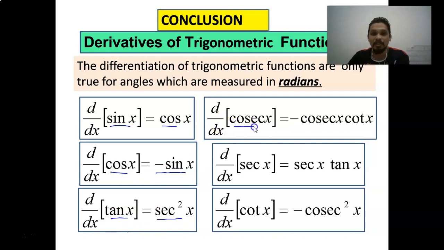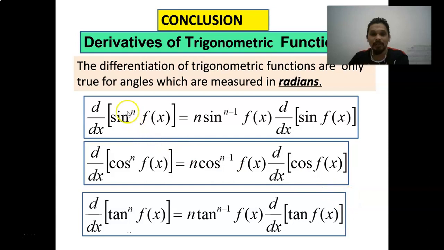Differentiate cosecant x equal to negative, don't forget we got negative here, negative cosecant x cotangent x, and differentiate secant equal to secant x tangent x, and differentiate cotangent equal to negative cosecant squared. Cosecant is 1 over sine x, secant is 1 over cos x, and cotangent is 1 over tangent x, or equal to cos x divided by sine x.